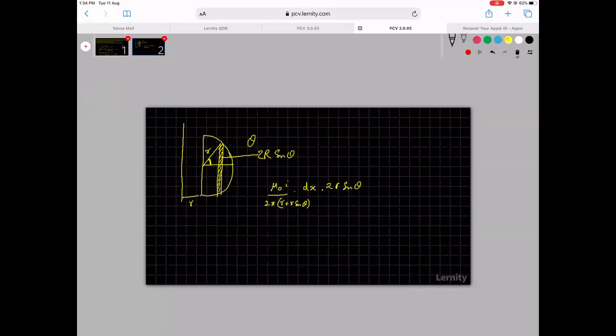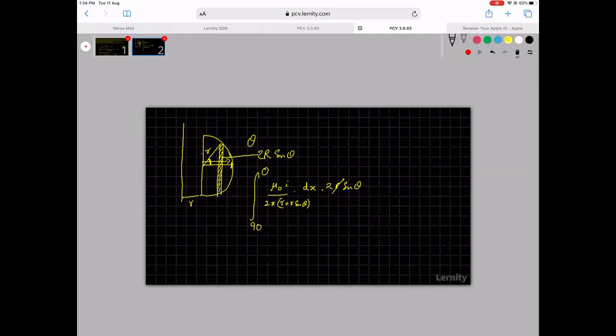So this is the flux through the shaded region, and I need to integrate this. When I come here, theta becomes 0. When I go this side, theta is 90. Initially the angle is 90, so I'm going from 90 to 0.